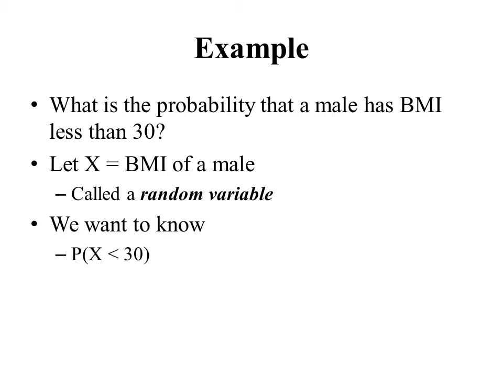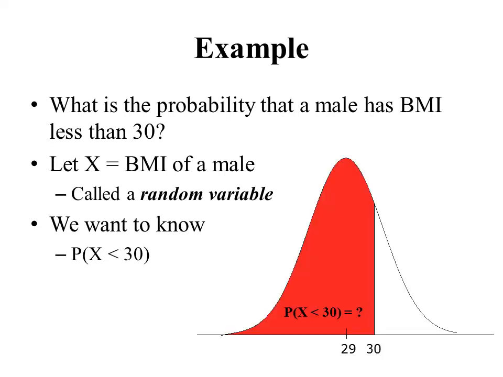So in terms of this variable, in mathematical notation, we want to know the probability that x is less than 30. That's always the first step in a problem like this, to write what it is we want to know in mathematical notation. Now, how we're going to get this probability from this bell curve is illustrated in this picture. Here we have our bell curve.